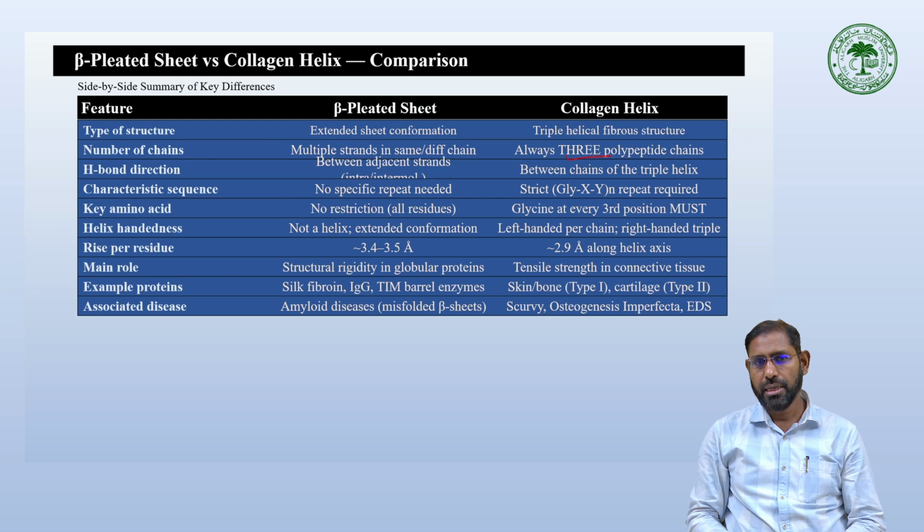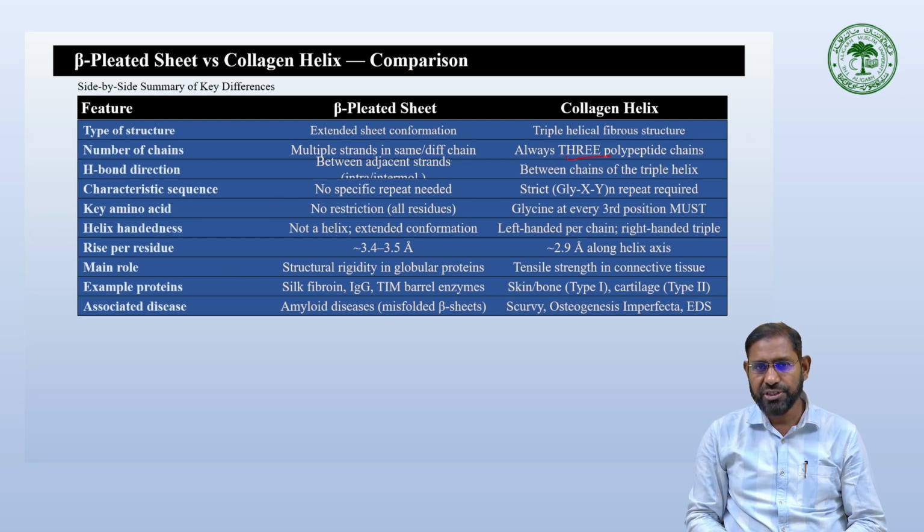Beta pleated sheet gives structural rigidity in globular proteins, and collagen helix gives tensile strength in connective tissue. Examples of beta pleated sheet are silk fibroin, immunoglobulin G, and TIM barrel enzymes. Collagen examples are skin, bones (type 1), and cartilage (type 2).